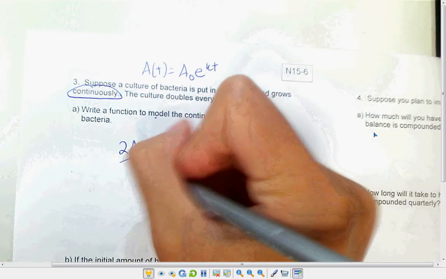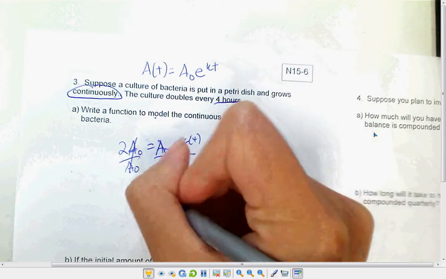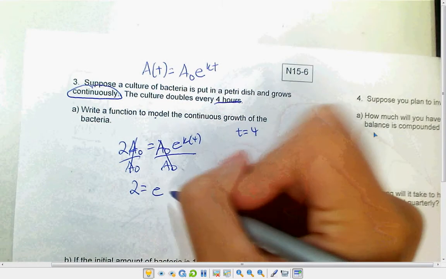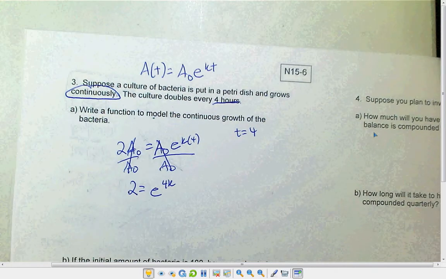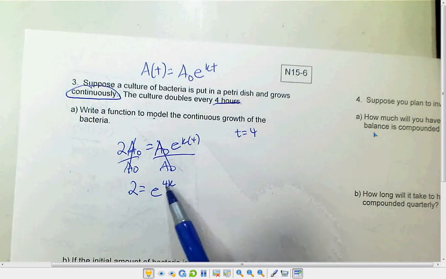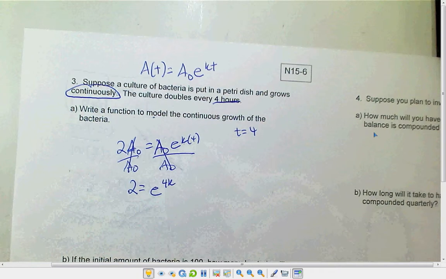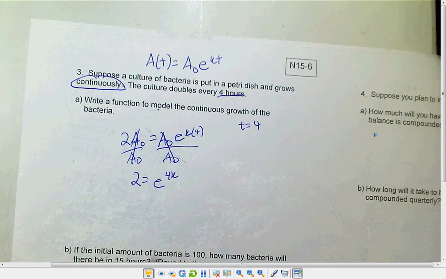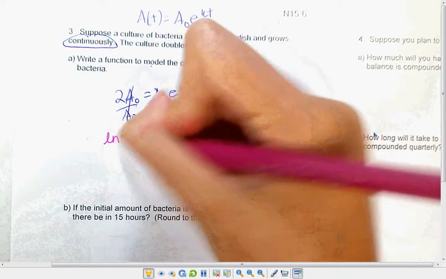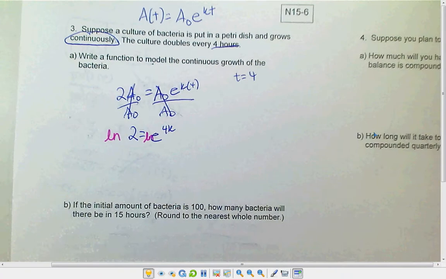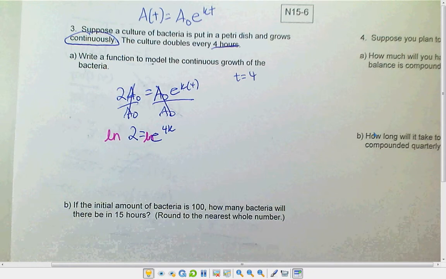So I'm going to divide by a naught, which cancels out from either side. And it leaves me with 2 equals e to the power of k times 4, which is just 4k. Just like before, we're going to undo the exponent by taking the log, but because it's e, instead of log, I'm going to take the natural log of both sides.